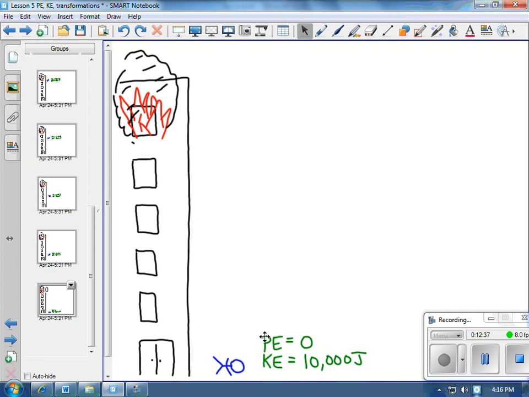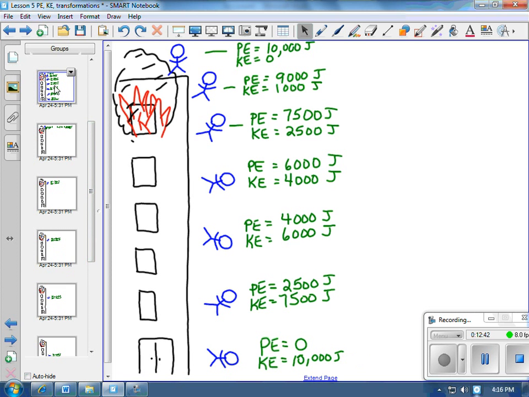So let's go back and take a look at this all together and review how energy is not created or destroyed, but just transformed. So here you can see the total amount of energy is 10,000 joules. And at any point, as she falls down to the ground, each point adds up.